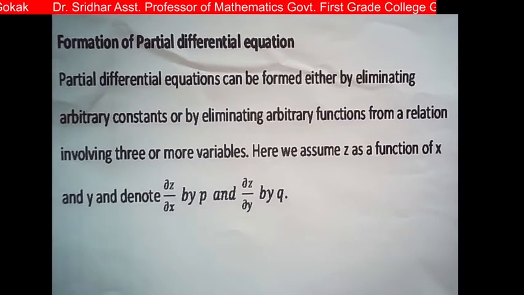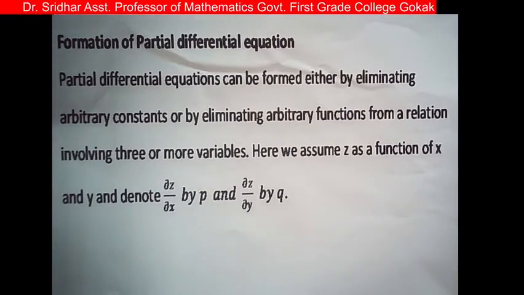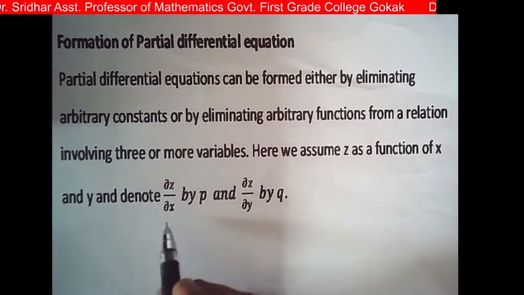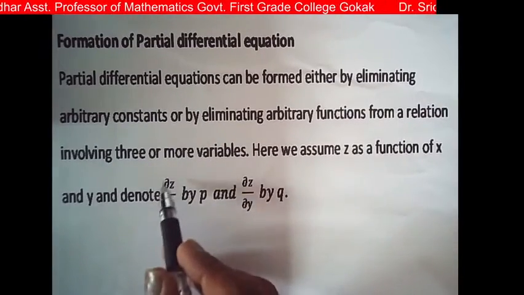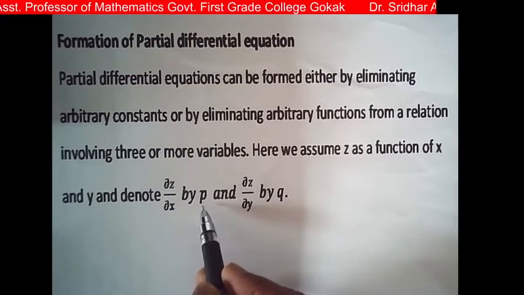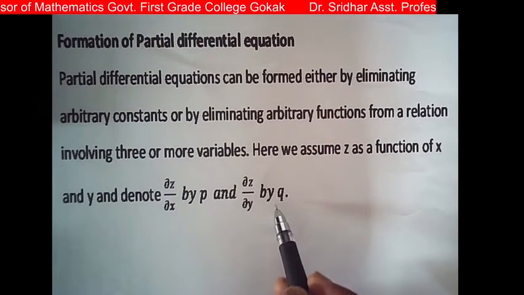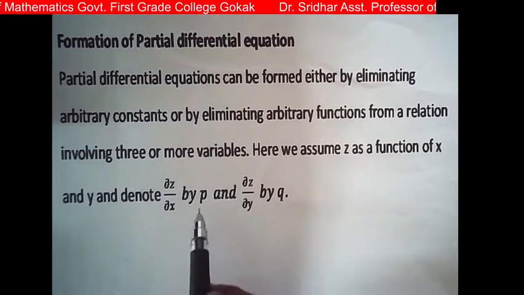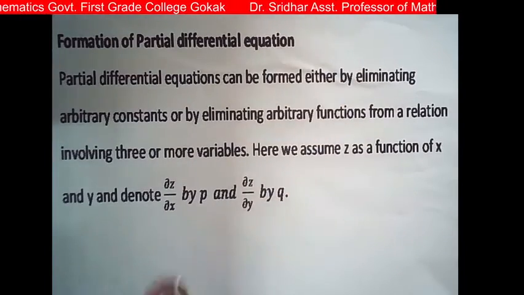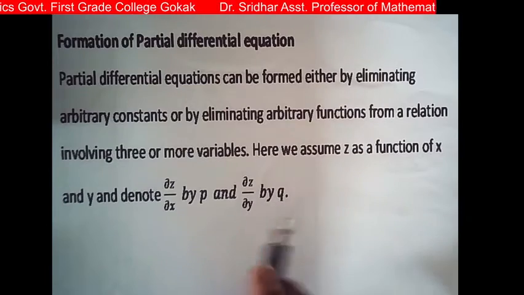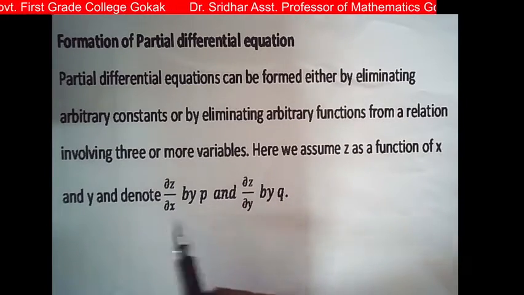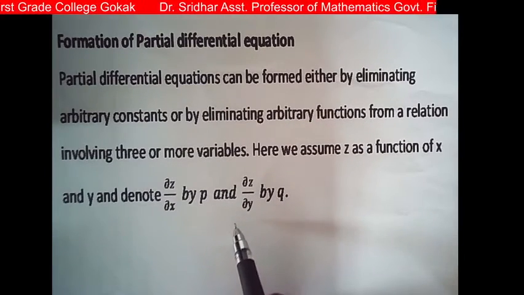So here dou z by dou x is denoted by P, and dou z by dou y is denoted by Q. Remember, P and Q are not constants. P is dou z by dou x, Q is dou z by dou y.